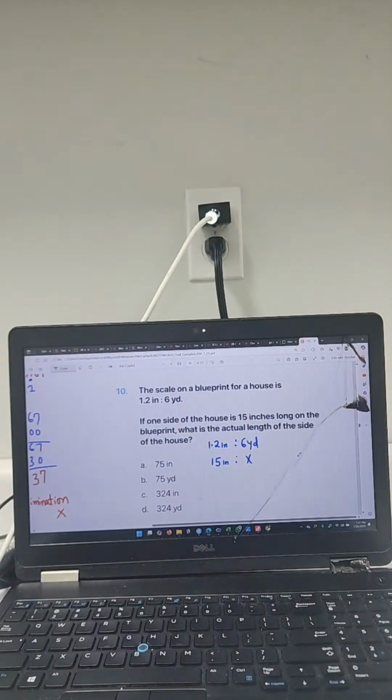So here we have that 1.2 inches is 6 yards. So what about 15 inches? How do you do that? So I want to see the answer in the comment section.